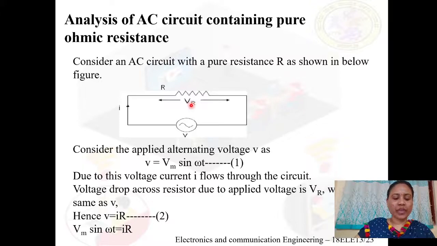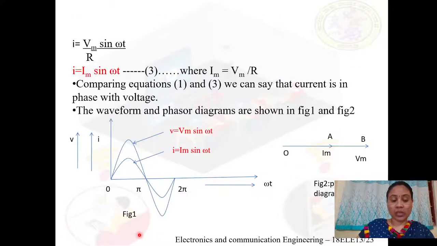Therefore, we can write V is equal to I into R. Substituting the value of V here, we can obtain the expression for I. So V is equal to I into R becomes Vm sin omega t is equal to I into R. Let us rearrange this equation, and we can write the expression for I as Vm by R into sin omega t.